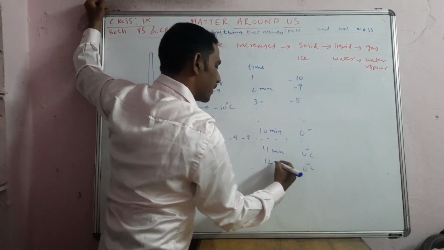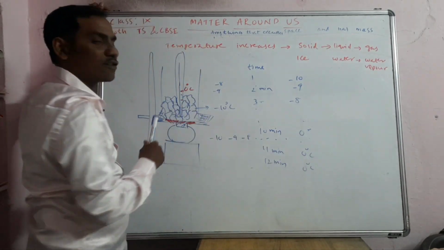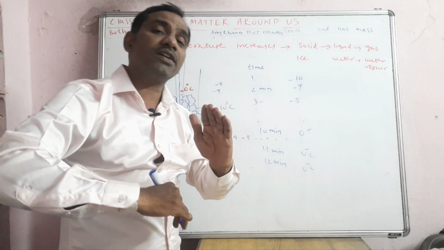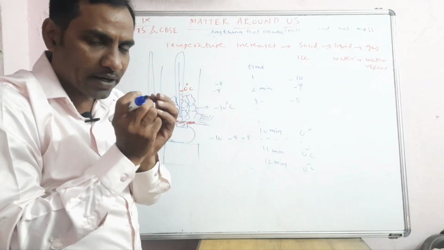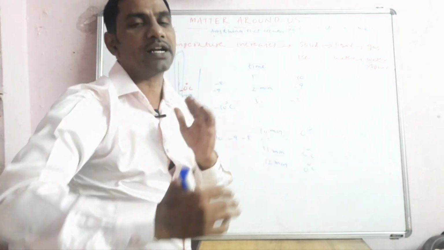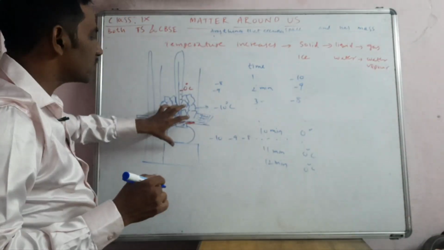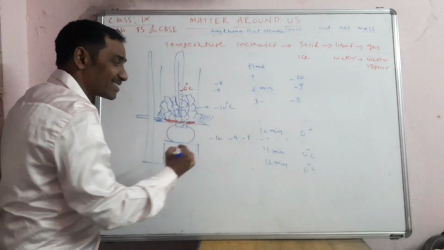Why? Because the heat given to these ice cubes has been utilized in the conversion of the state of matter, to overcome the interparticular attraction. The heat given has been utilized. This is called latent heat.